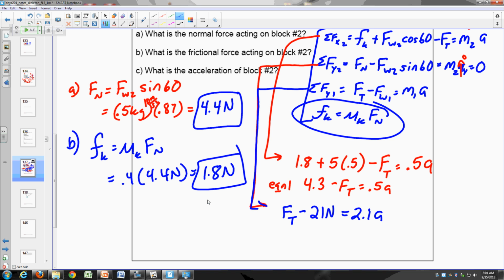I'll give you all a minute, try to solve those two. You want to solve one of them for one of the variables, plug it back into the other one, and then solve for that variable. So please practice it. It's good practice for you. Call this equation 2.